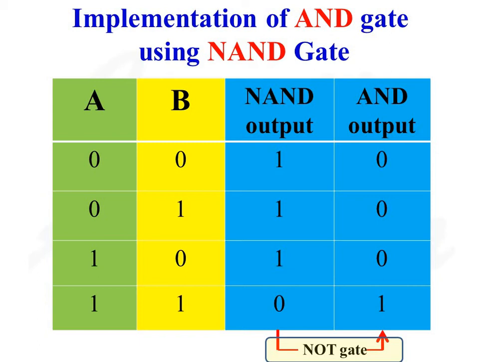The output of the NAND gate for these 4 input combinations is 1, 1, 1, 0, and the result of an AND operation is 0, 0, 0, 1. Comparing the third and fourth columns, we can say the fourth column is the complement of the third column and vice versa. That means if the output of a NAND gate is inverted, we will get the result of an AND operation.